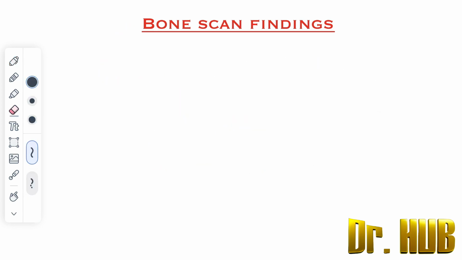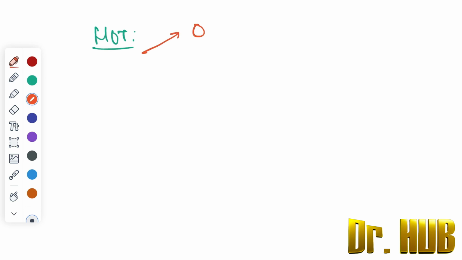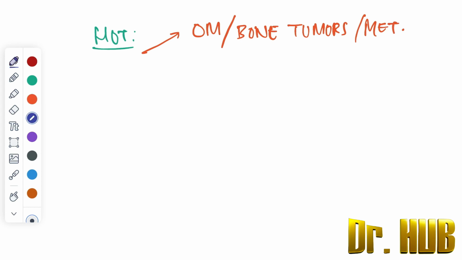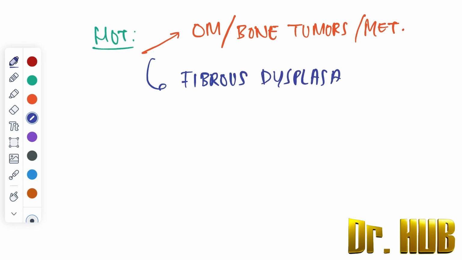Now let's move on to the hot spots, the causes of hot spots. The hot spots include osteomyelitis as well as bone tumors. So osteomyelitis, bone tumors and metastasis. Next is fibrous dysplasia, and there is also the presence of trauma.